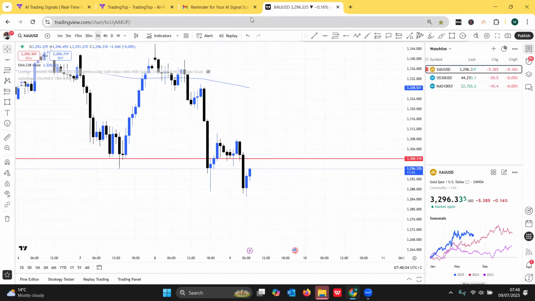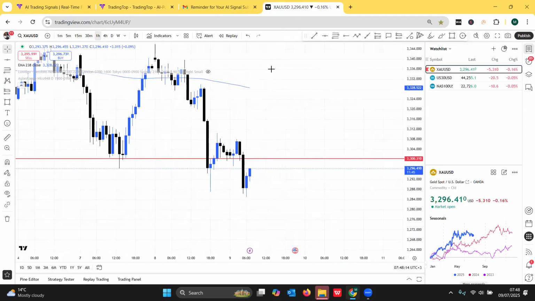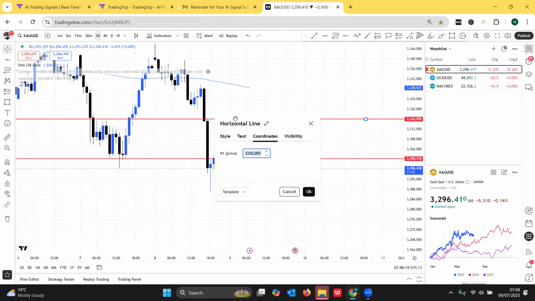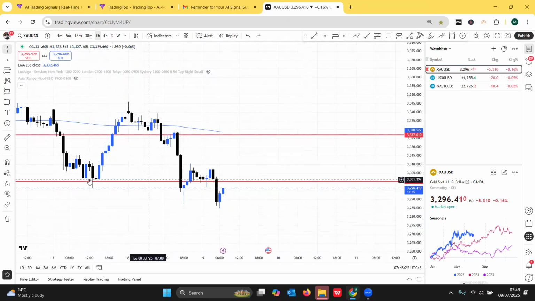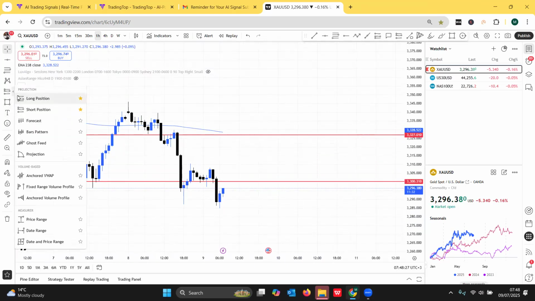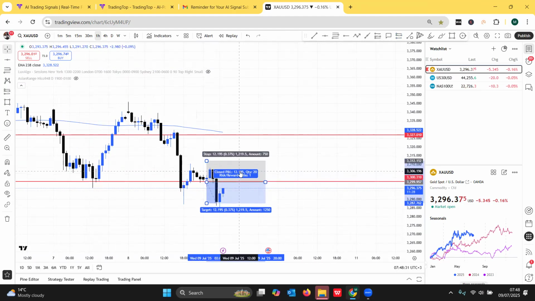Okay, if I'm putting the stop loss, let's see where the stop loss is. If I'm putting the stop loss all the way there, to be honest, I think for me, I'll have this as my entry here.